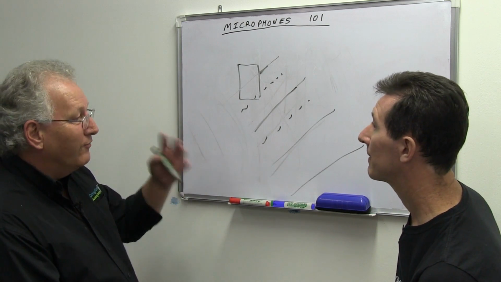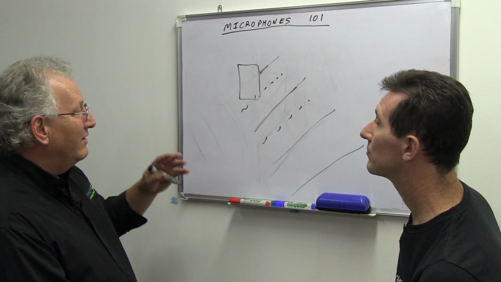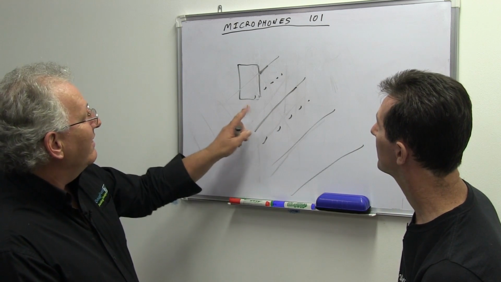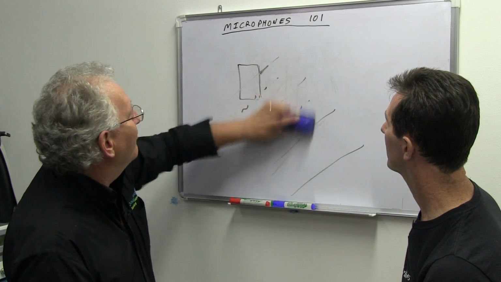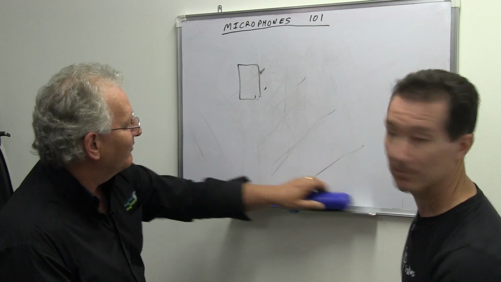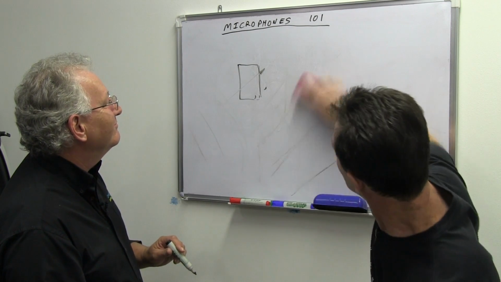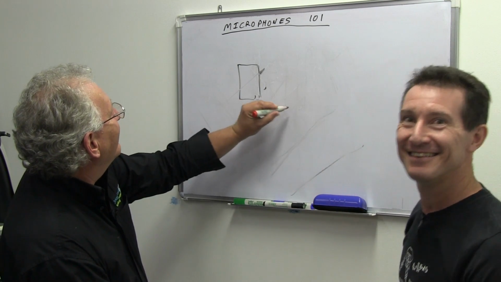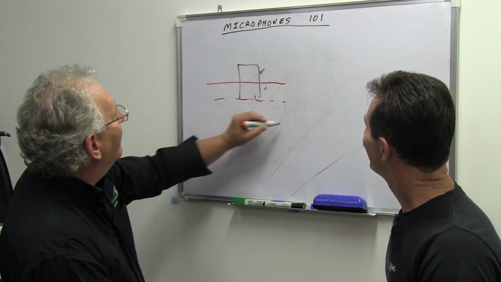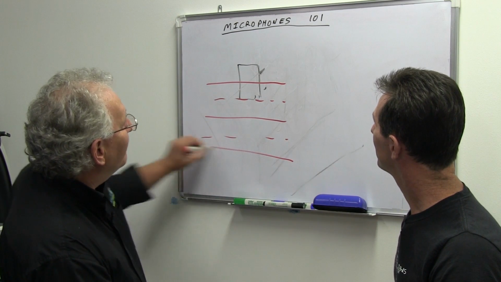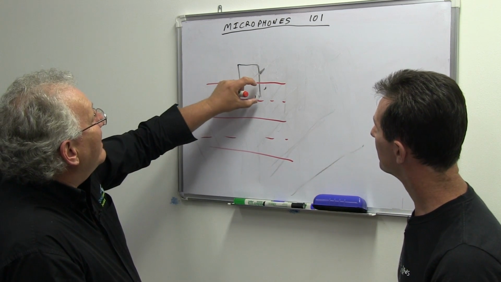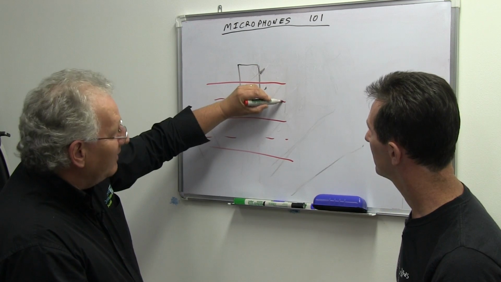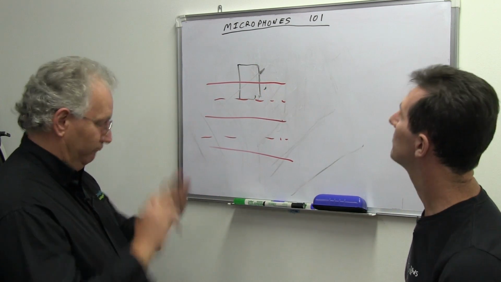Once you get to a full half wavelength, that's the danger mark, because when the diaphragm becomes a half wavelength long and the sound's coming at it from the side, let's say we've got a positive pressure peak, negative peak, positive peak, negative peak.